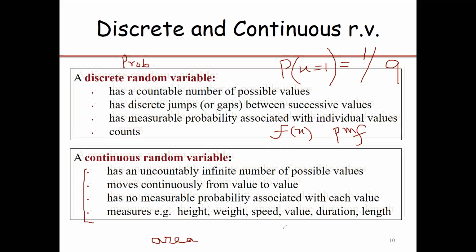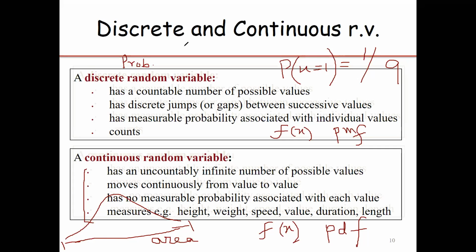Here we have a function represented by f(x), but we use the term density function instead of mass function. What is the density function? Suppose this is a function, and the entire density of this is the total area. In the case of a continuous distribution, we integrate from the lower limit to the upper limit, and the total area will be 1.